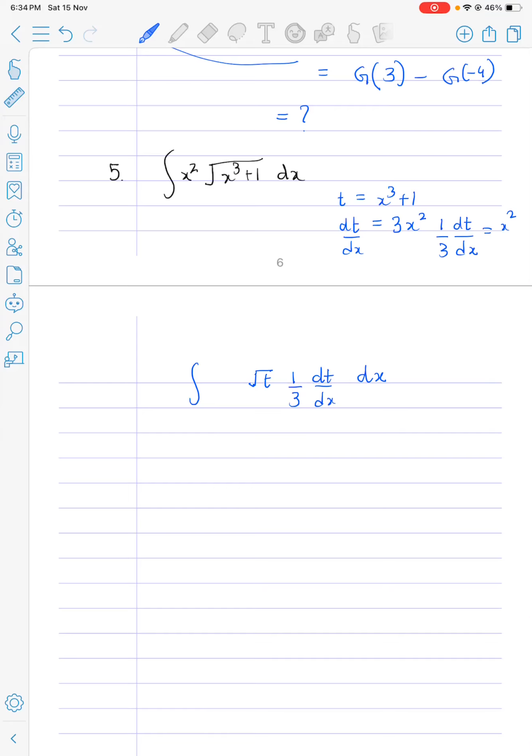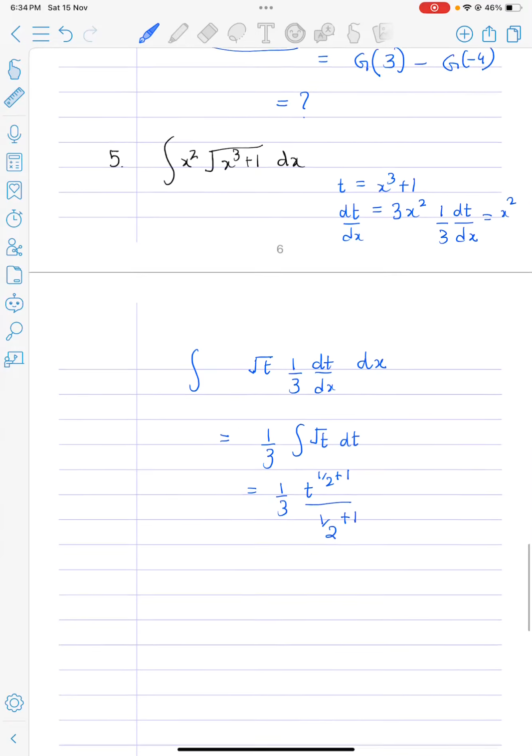So if you see, this will come out to be 1 by 3 root t dt. Then 1 by 3 times t to the power half plus 1.